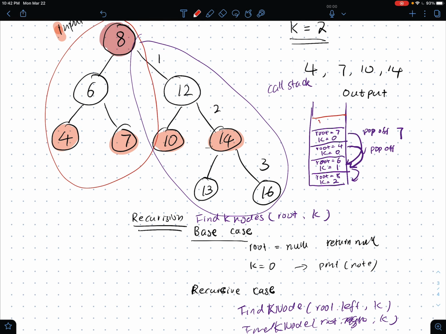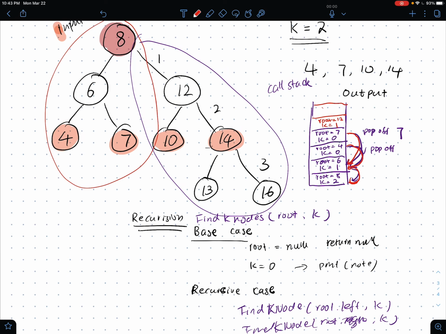So now root is 12 and k is 1, right? Do we do anything? Nothing. I just want to make sure you understand. So when I say we go back here, we go back here, we go back here, during this process we're printing out the values.